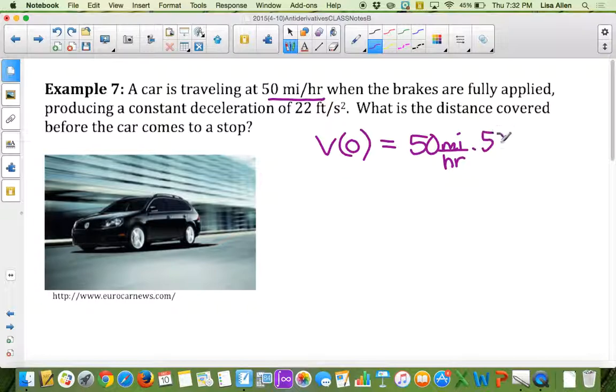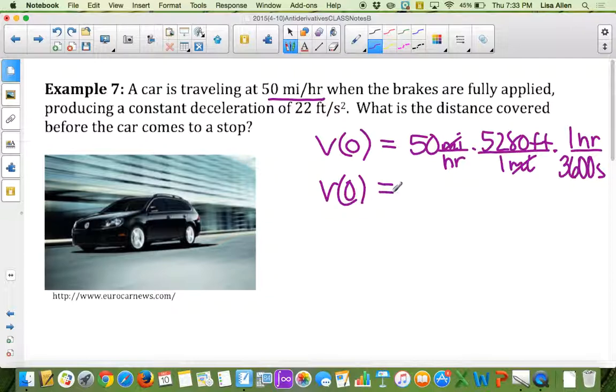I'm going to multiply by 5,280 feet over 1 mile. Miles are going to cancel. Then I multiply by 1 hour over 3,600 seconds to get the units that I need. The initial speed, v of 0, then is 220 over 3 feet per second.